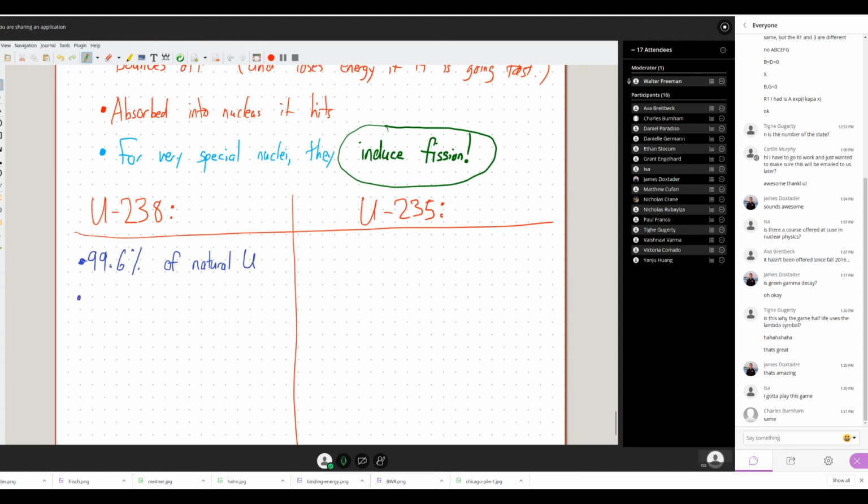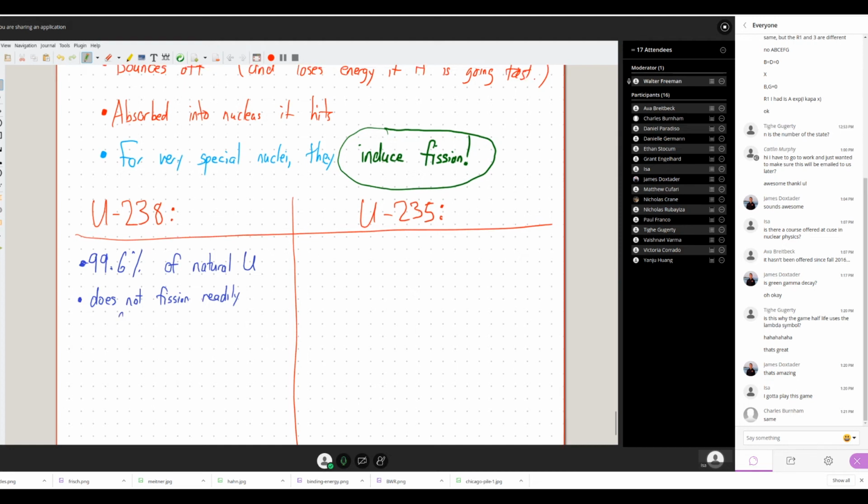Uranium-238 doesn't fission readily. There's a small chance for very fast neutrons.